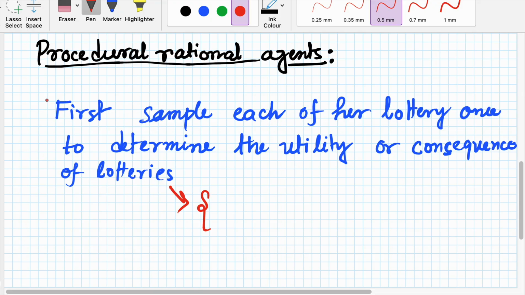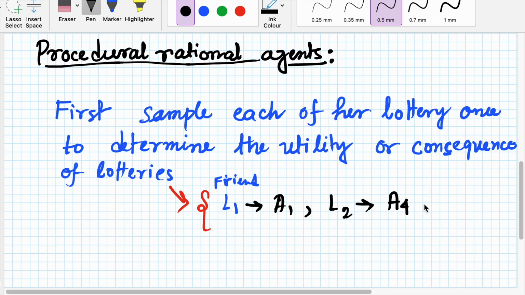She might not individually go and sample each lottery. It could also be a case that she asks her friend who has experience in these lotteries, and her friend tells her that when I bought the ticket L1, I get suppose U1, and when I bought the ticket A2, I get A4.